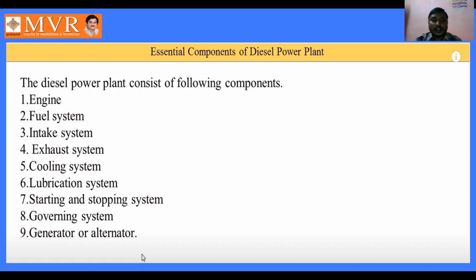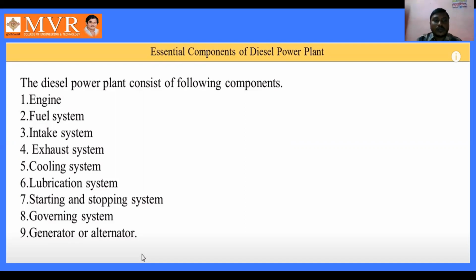These are the 9 components which we use for the working of the diesel power plant. By using these 9 components, we can use the diesel power plants wherever required.